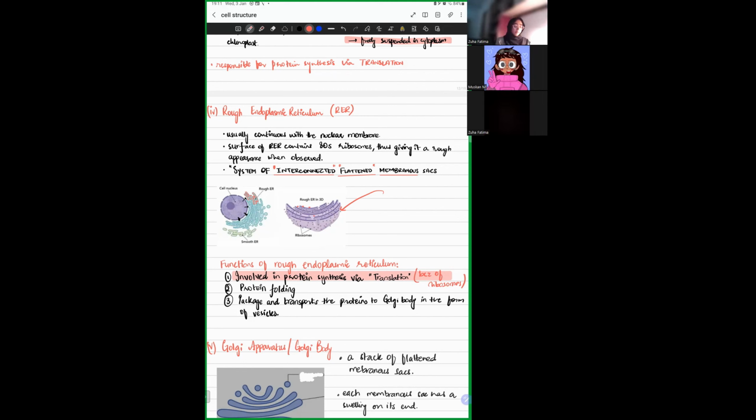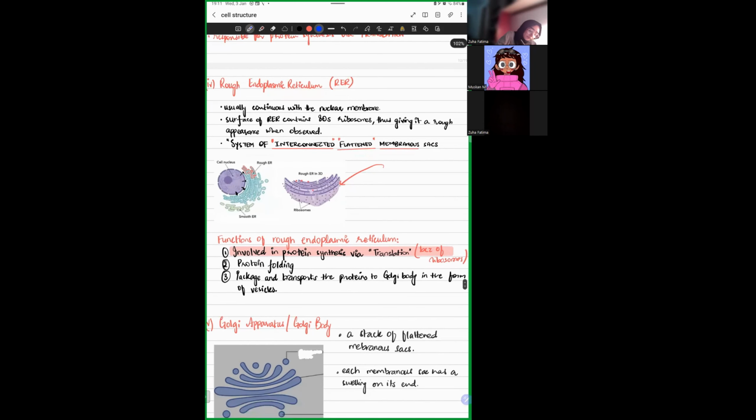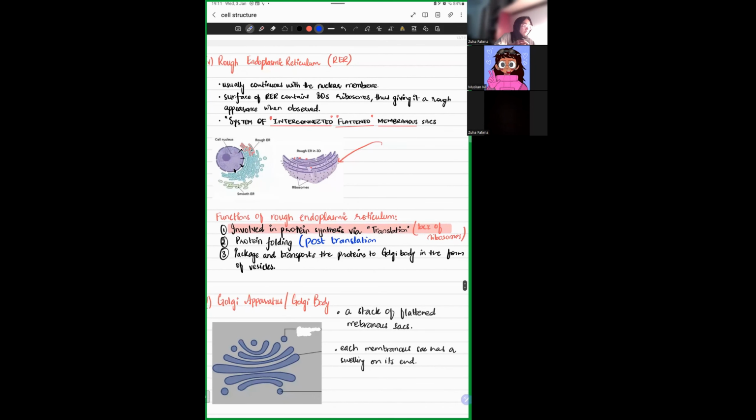So all these polypeptide chains would now come together in a certain way that these polypeptide chains will fold onto one another and they'll form a particular protein. So this entire process occurs after translation. Okay? So another name for protein folding is also post-translational modification.